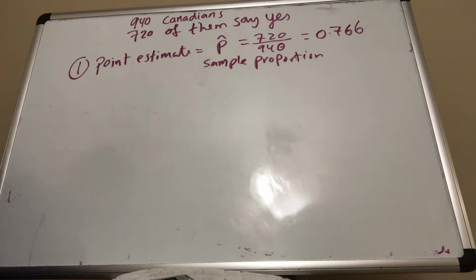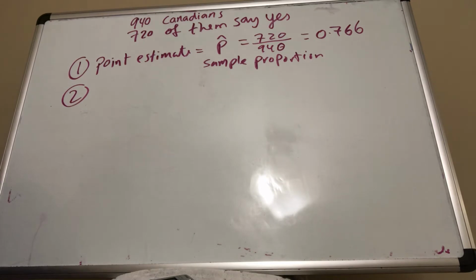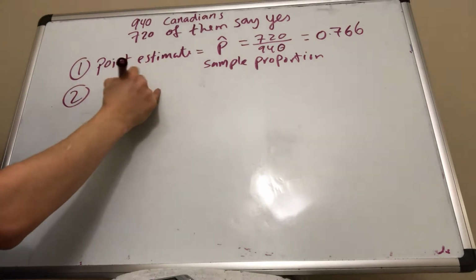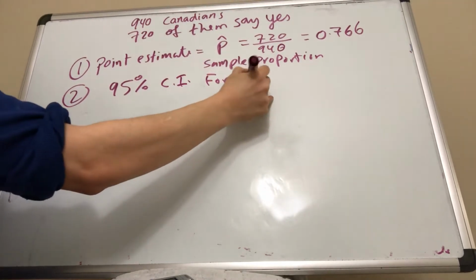Question 2. 95% confidence interval. So they want a 95% confidence interval for proportion.